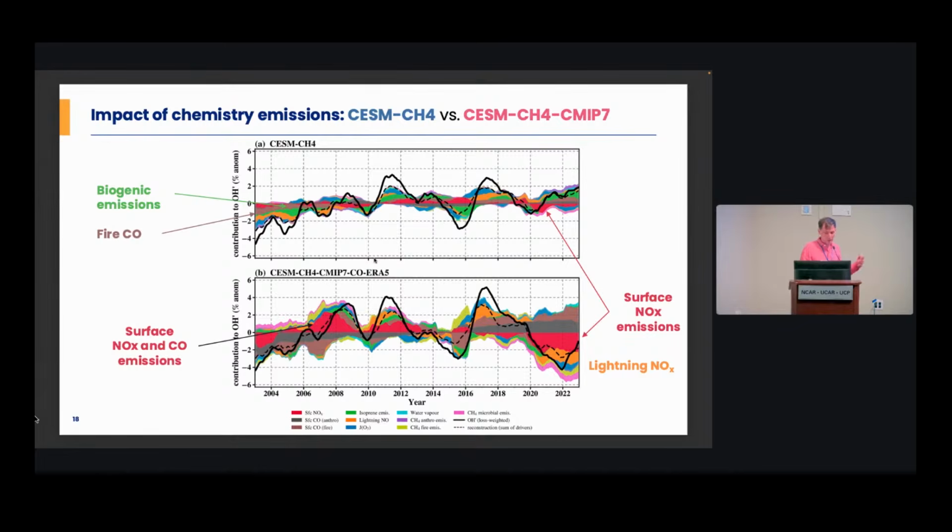Biogenic emissions are usually pretty important and sometimes overlooked in these sorts of studies. Here in 2015, where El Niño with larger temperature gives you more biogenic emissions, it can be an important contributor to the negative OH anomaly for that year. And the fire CO are also important in both cases.